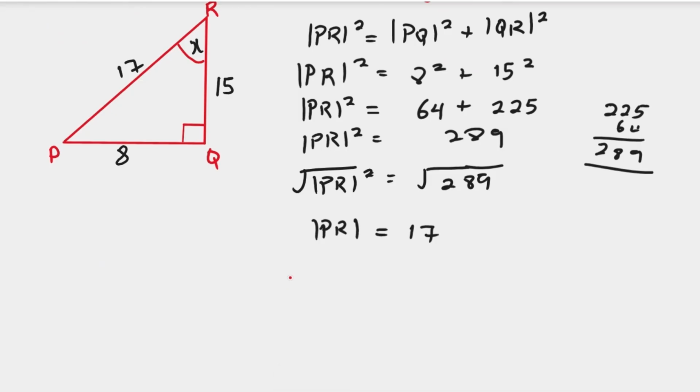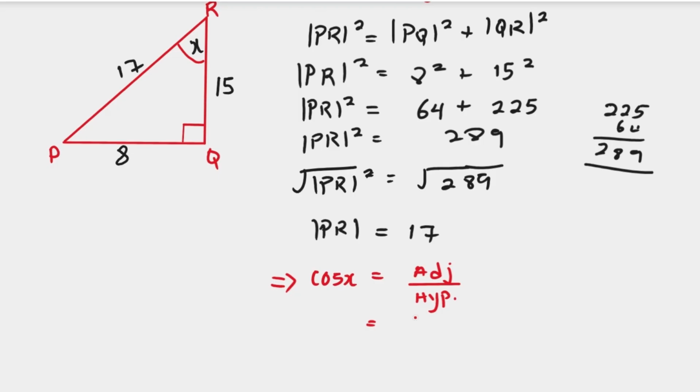Okay, so this implies that the cosine of x, that is given by adjacent over hypotenuse, is now equal to adjacent. Adjacent to this acute angle is 15.